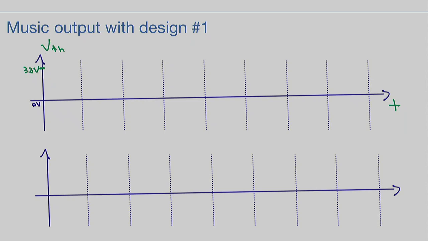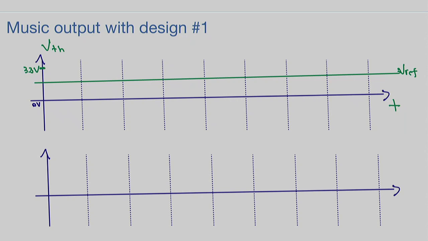We also had a reference voltage that I'm going to put here and call Vref. And Vref was a voltage that was fixed, right? We put an independent voltage source there. It's a voltage that's fixed.